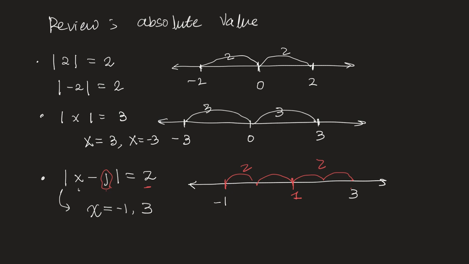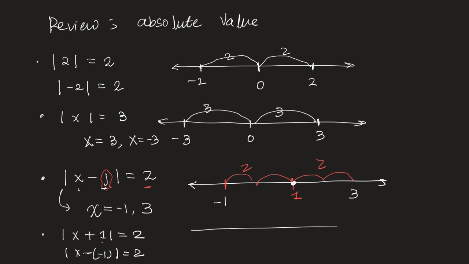So let's do one more time, guys. Let's practice: absolute value of x plus 1 equals 2. Here the center is going to be -1, since x plus 1 is x minus -1.